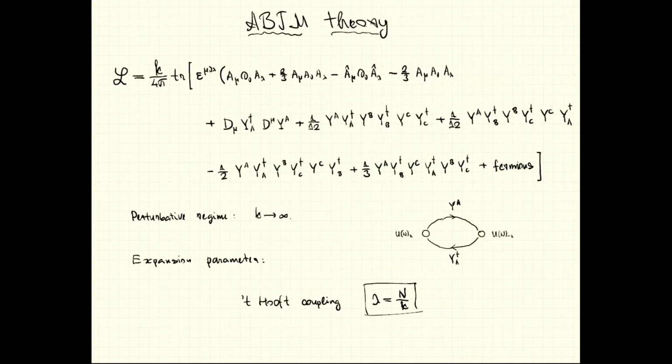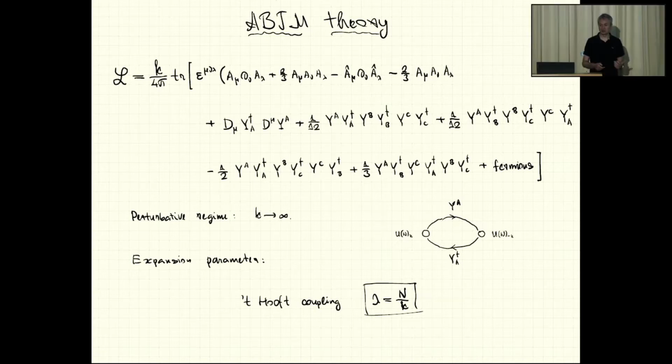This is the type of object I'll concentrate on. There are two basic examples of integrable theory, N=4 and ABJM. I'll talk about the latter one. It's a three-dimensional theory, just reminding you how it looks, with a Lagrangian that contains two Chern-Simons terms for two types of gauge fields, which come with opposite signs and a common coefficient that has to be quantized.